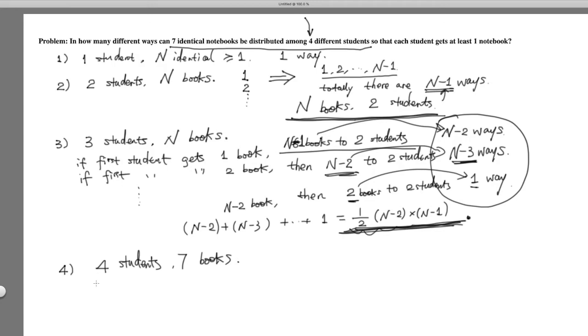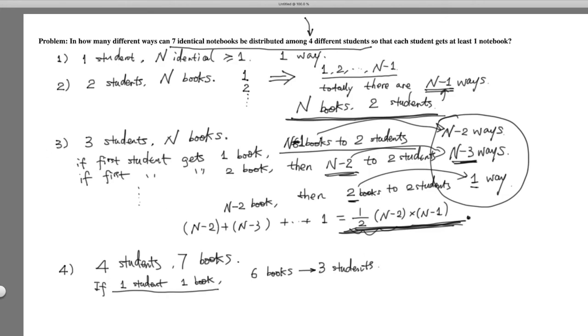All right, case number 1, if the first student gets 1 book. So the total number of ways for this case is to distribute the remaining 6 books to the other 3 students.